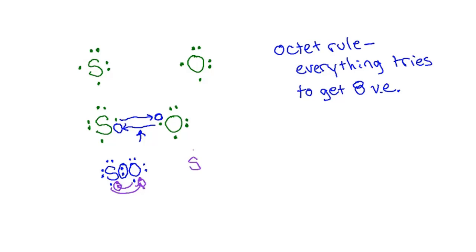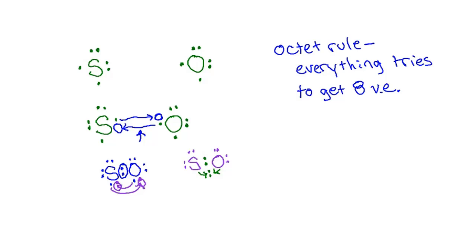So we have sulfur and we have oxygen, but the shared electrons that they're sharing, so they can each have 8 dots in the places, are these 2 pairs. So now sulfur has 8 dots and oxygen has 8 dots around it.